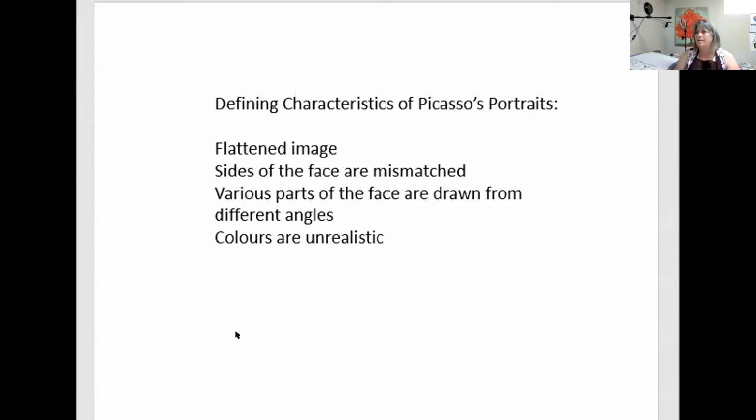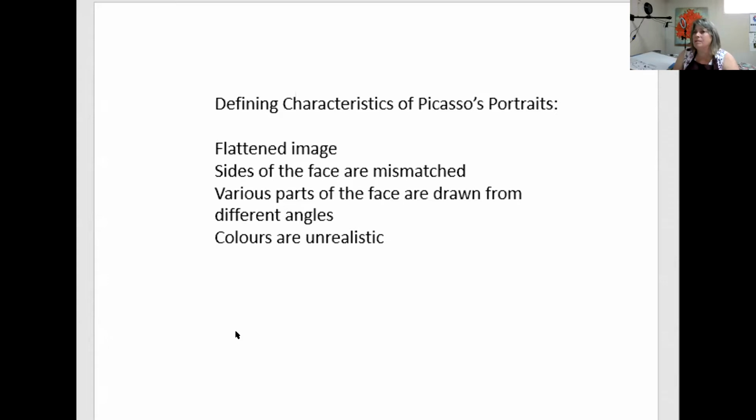They are never balanced. He worked hard at keeping the sides of the face totally different. And he doesn't necessarily divide it in half. Sometimes it's divided in quarters, but he's changed it.